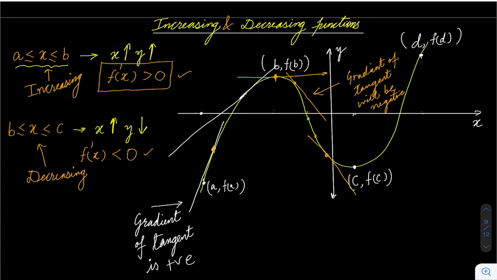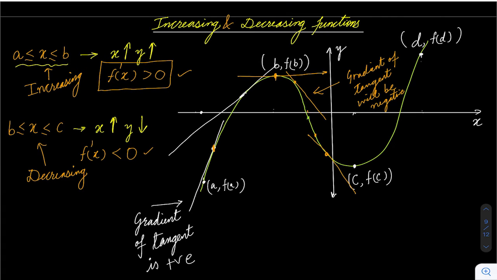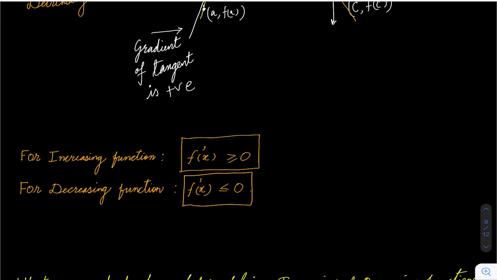So if I write the interval from A to B closed, that is A is included and B is included, I have to say that my f dash x is either greater than 0 or equal to 0. So that's why the complete definition becomes f dash x greater than or equal to 0 for an increasing function, and for a decreasing function f dash x less than or equal to 0. We will see more of this when we solve some questions.